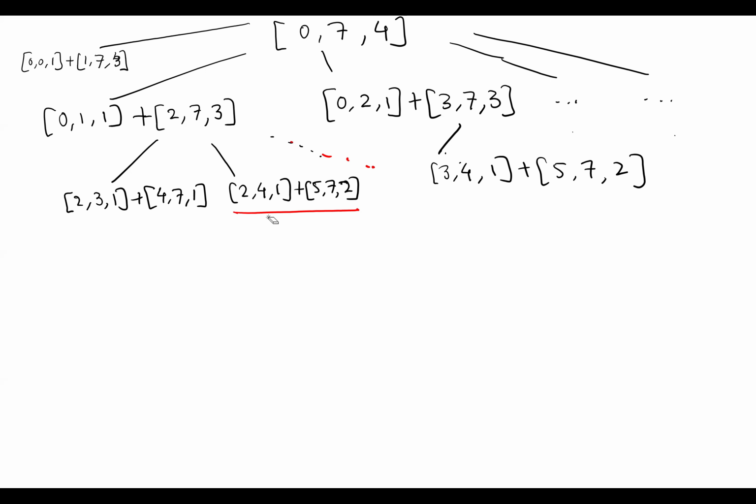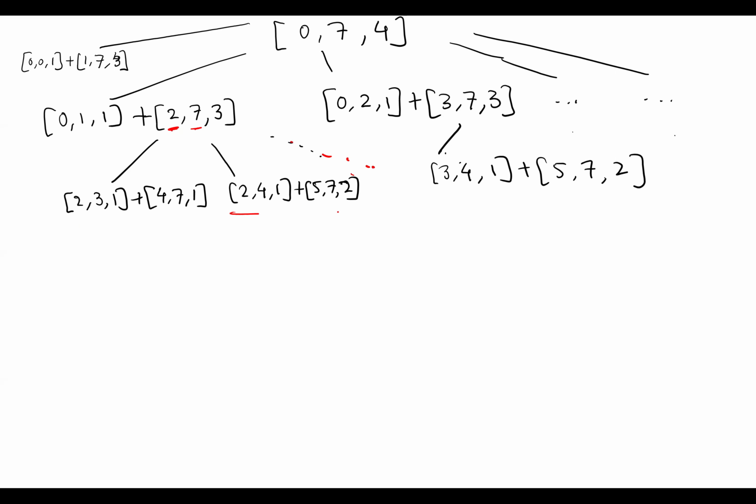Now let's take a look at this one, how we break this. From index 2 to index 7, there are 6 houses, and we have to assign 3 mailboxes. So let's make a group of the first 3 houses and assign 1 mailbox to them, and then make another group of the last 3 houses and assign 2 mailboxes to them.